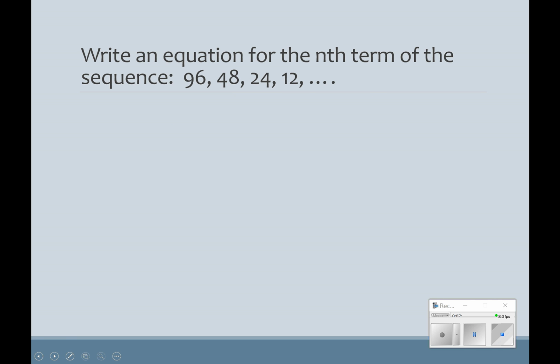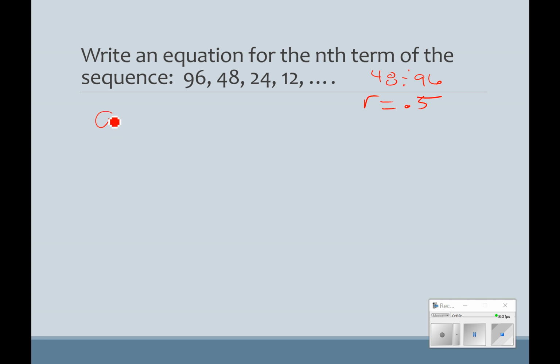Let's try this one. My R is a little harder to find. So if I do 48 divided by 96, I'm going to get my R to be 1/2 or 0.5. And I got that, remember, by 48 divided by 96.